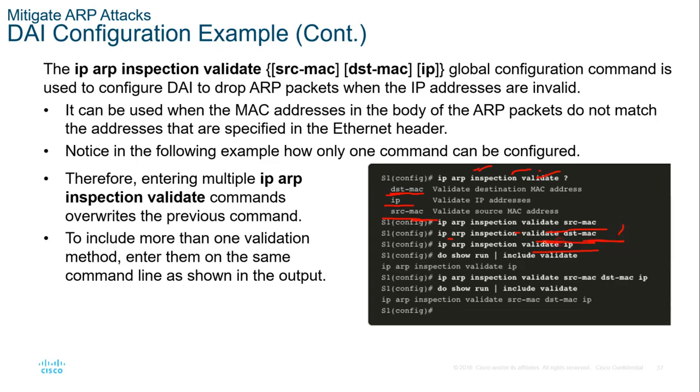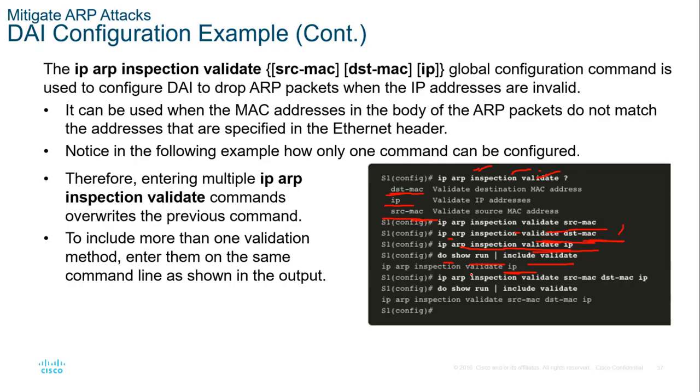All three are there. And still here, as you can see, show run | include validate shows arp inspection validate IP address. Since all of them are enabled, it's the IP address that is going to take the first priority.